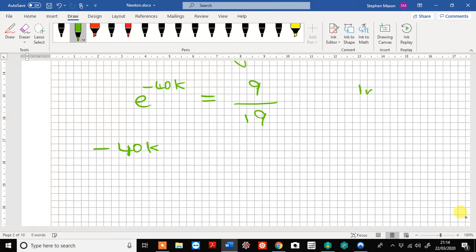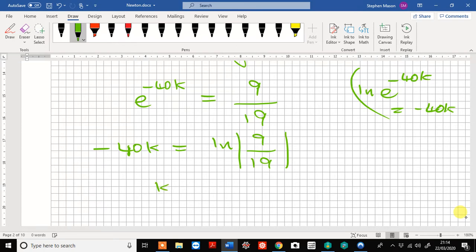So like the log of e to the minus 40k is just equal to minus 40k. Okay, so that's equal to the log of 9 over 19.